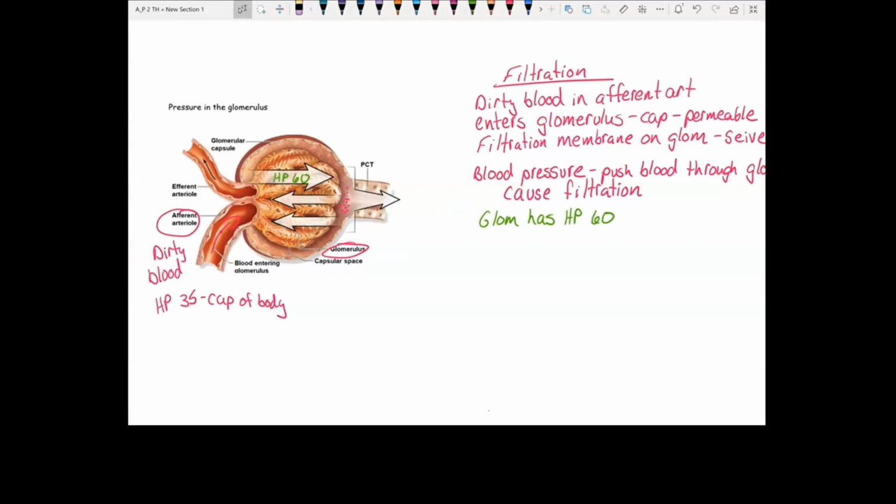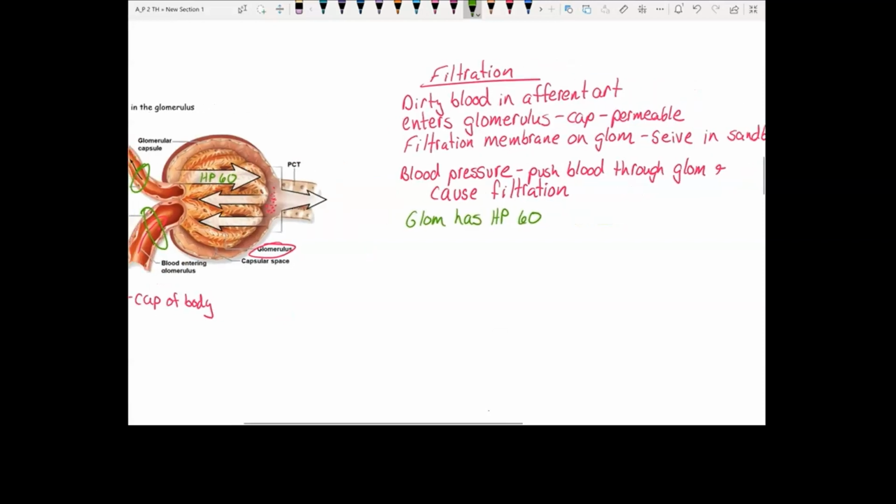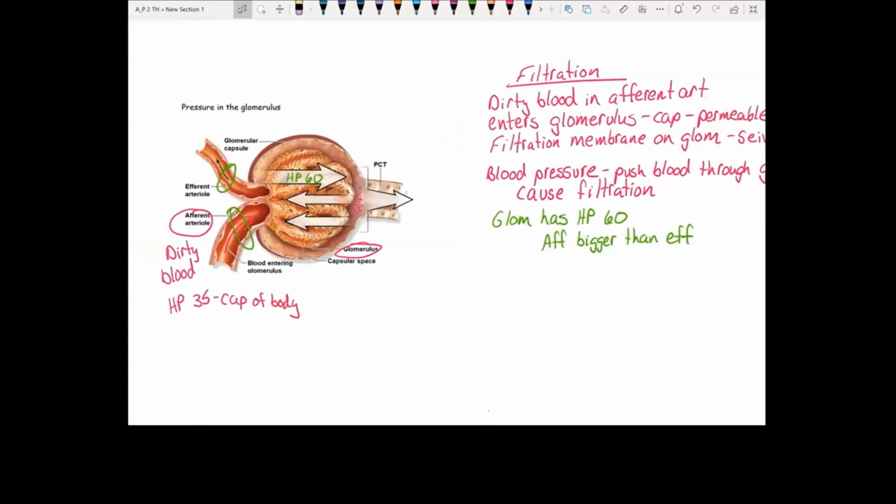The reason the HP is so high in the glomerulus is the difference in diameter of the afferent and efferent arterioles. See how the afferent is so much bigger? So you have a big input, but a small outlet. So the entrance is really big. It's letting lots of blood in.